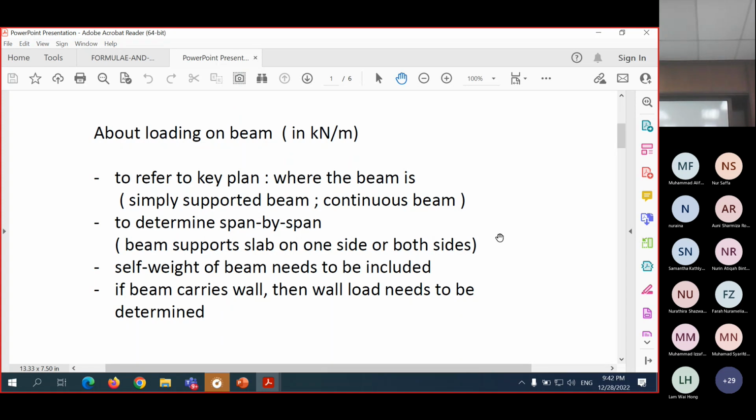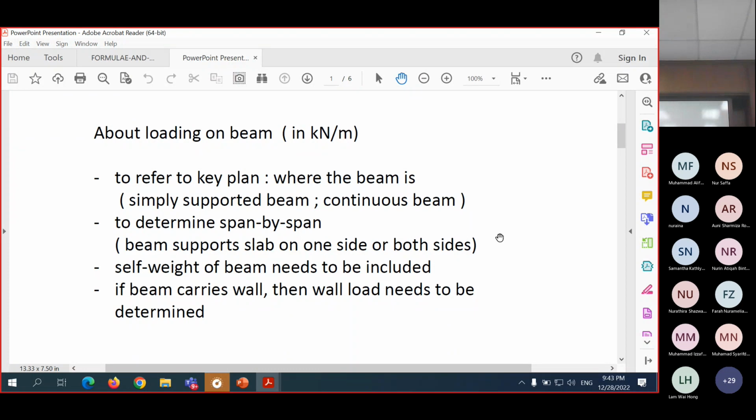Okay. Now, the next thing that I would like to cover is loading on beam. Loading on beam will depend on the beam that you are going to design. By now, all of you have decided the beam that you have to design and follow the requirement. You must have a continuous beam, and those are the rules that you have to satisfy.